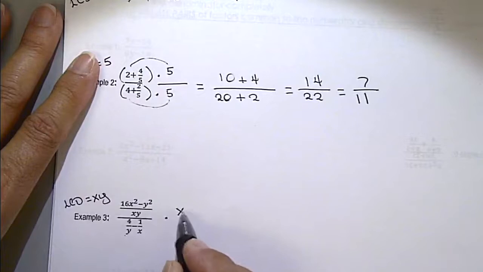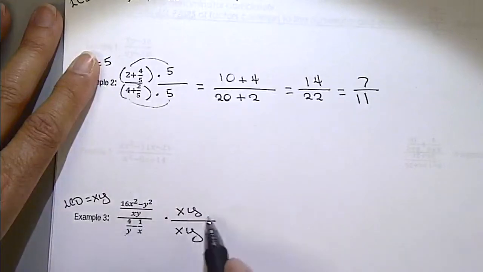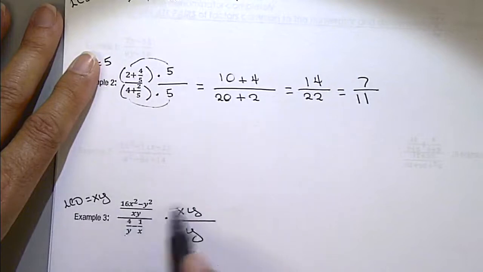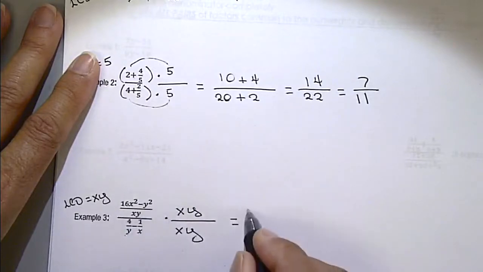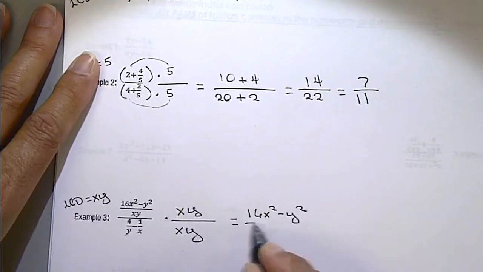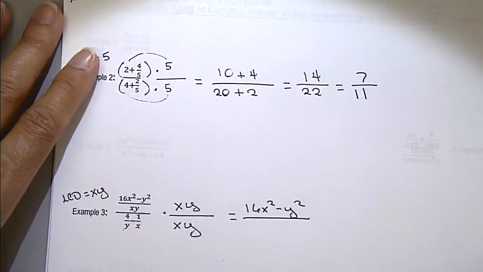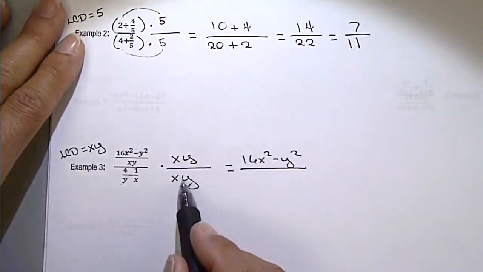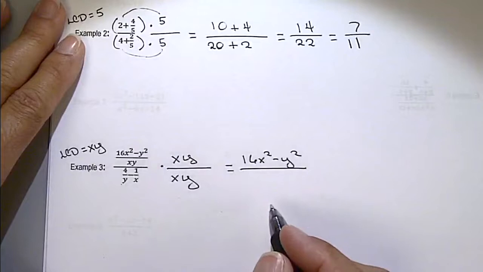Multiply numerator times xy and denominator times xy. Now write it separately if you need to. When I multiply this, these two are going to cancel each other. My numerator is going to be 16x squared minus y squared. Don't worry about how complicated it is. Let's get rid of one layer of fraction, okay? When I multiply this times xy, it's a little different, isn't it?